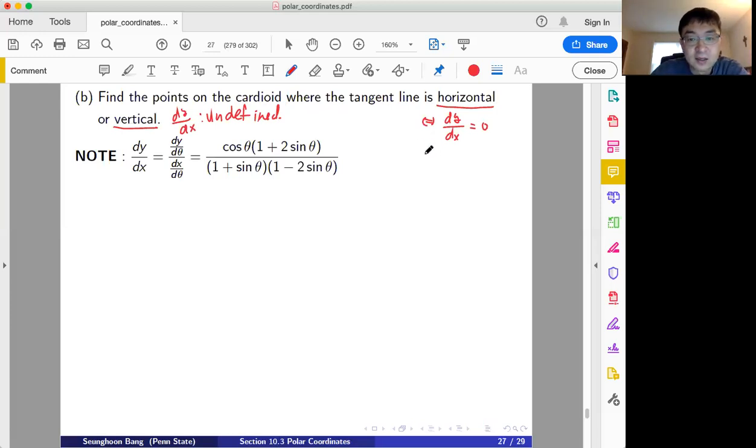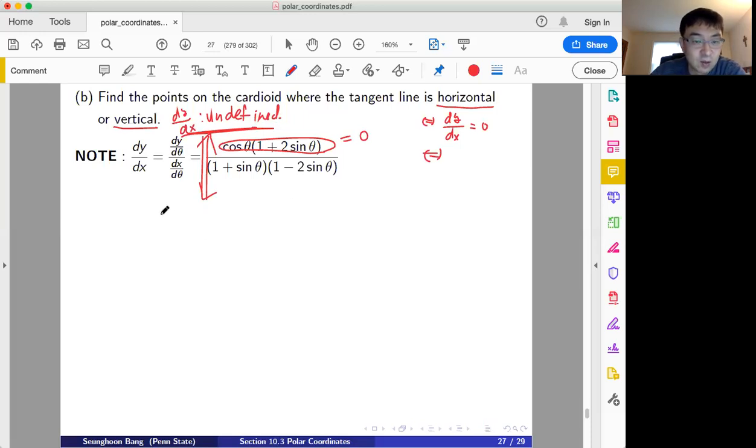Was it this case? Only dy over dx equal to 0 exactly. What's that? Numerator equal to 0 is right. Only cosine theta, 1 plus 2 sine theta equal to 0. Was undefined. Which one equal to 0? Only the bottom one equal to 0.